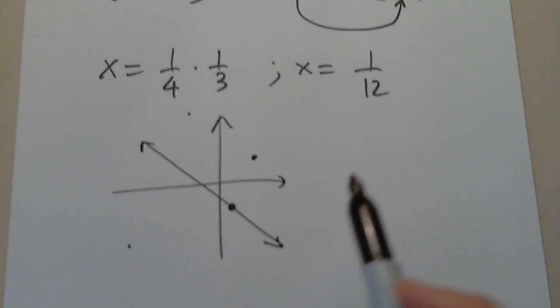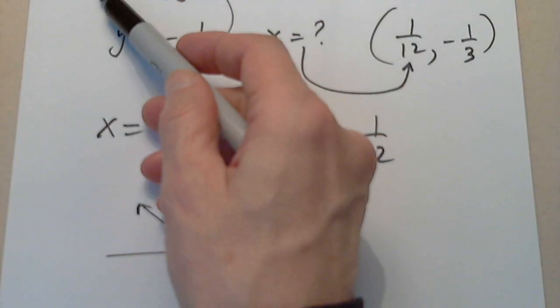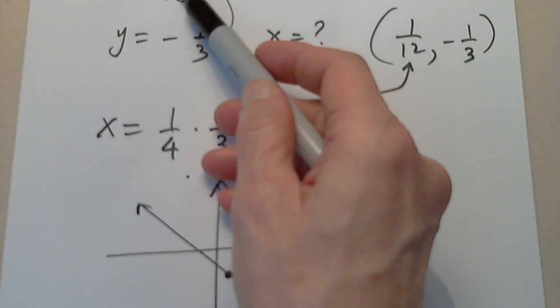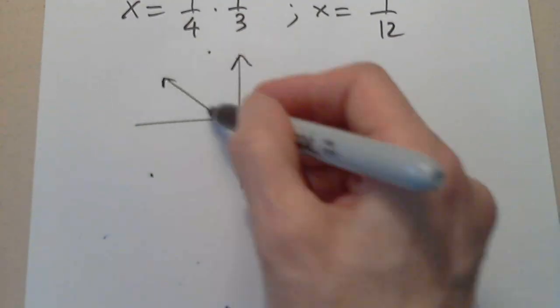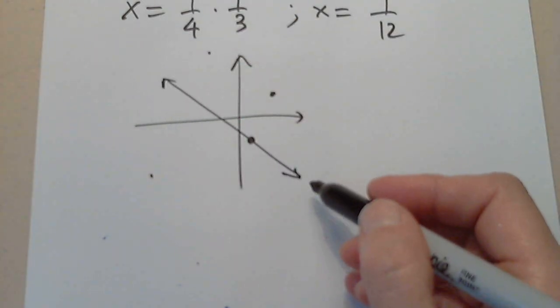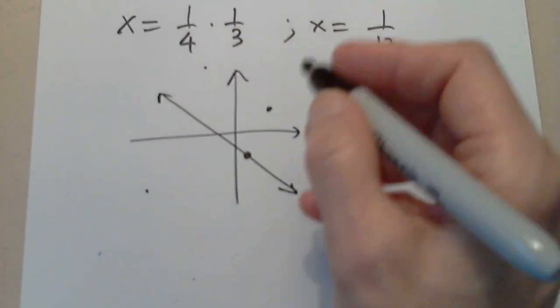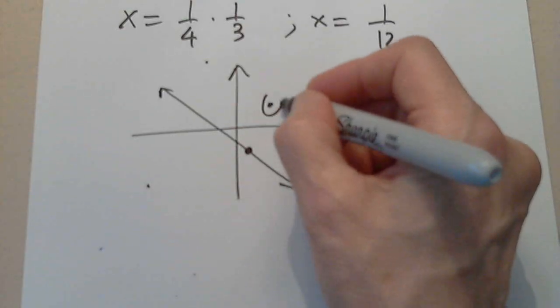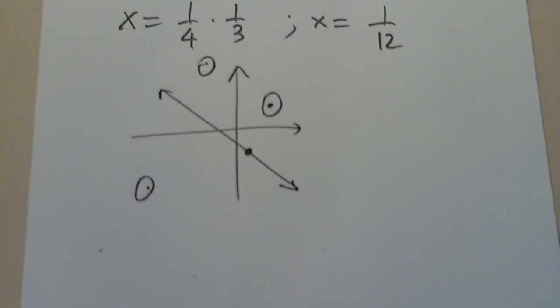What does it mean? When this is 1/12, this is negative 1/3, which means the point is somewhere on the line. When we get to graph this, this point will exist on the line, not outside of the line, because the coordinates verify the equation. We're not there yet, but this is important to say from the beginning. Good.